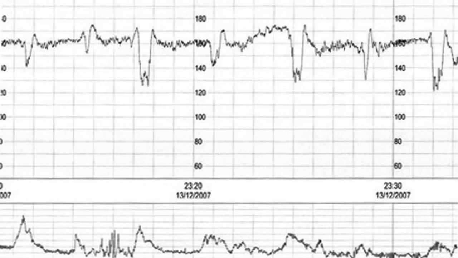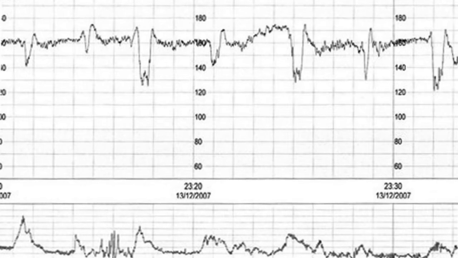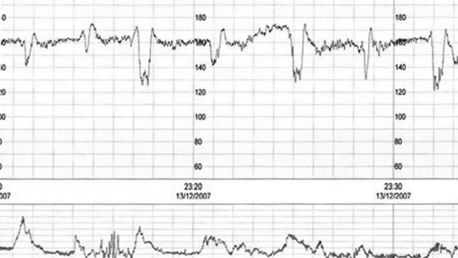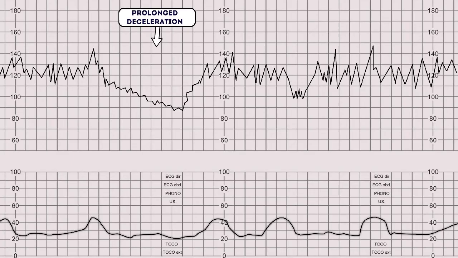This variable deceleration can be considered as reassuring, non-reassuring, or abnormal according to its duration and the presence or absence of concerning characteristics. Next trace, I will give you 10 seconds.